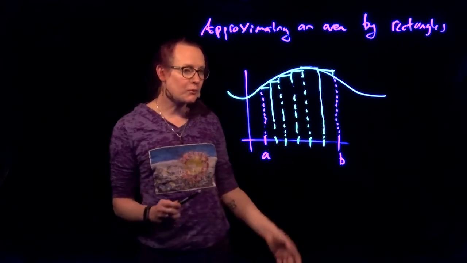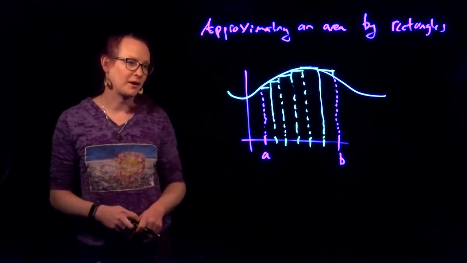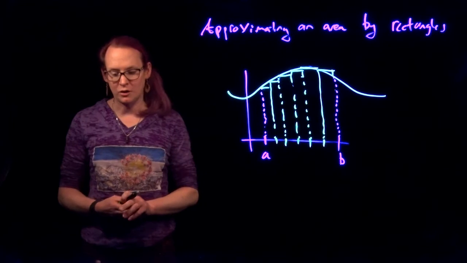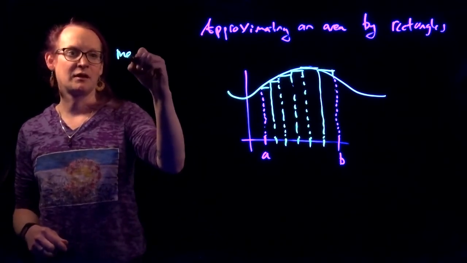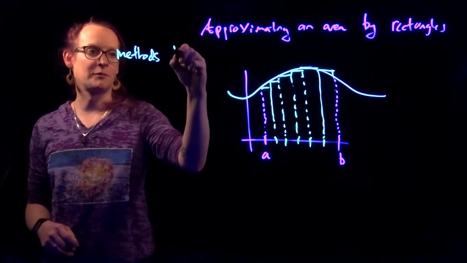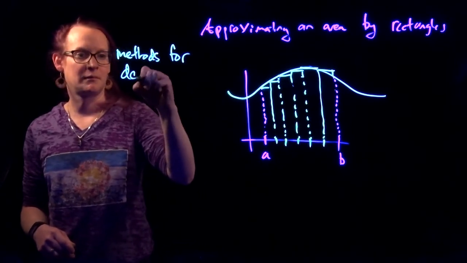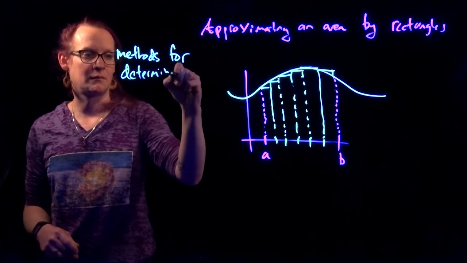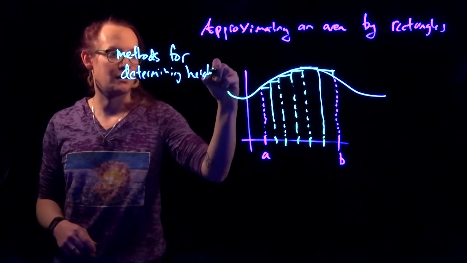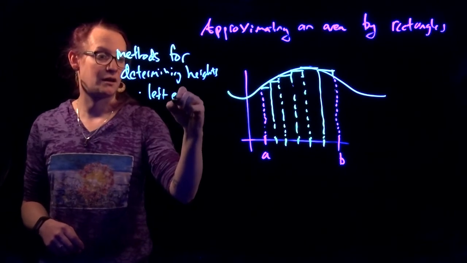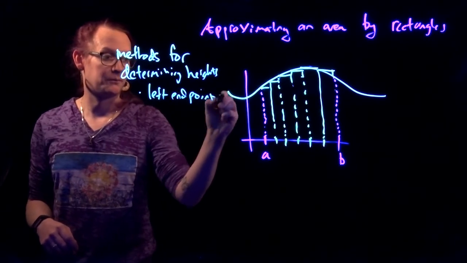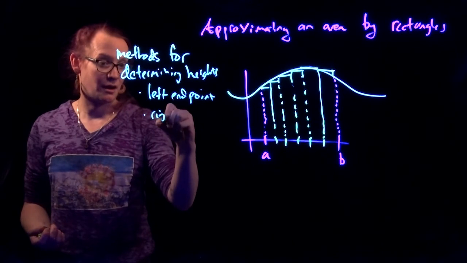So I just want to say a few more things about approximating an area by rectangles before I call it good. There are various methods for determining the height of our rectangles. I just did the left endpoint. There's also right.